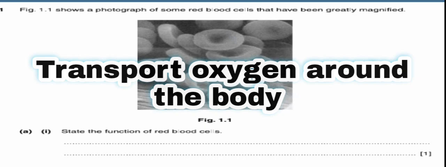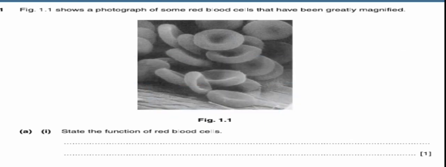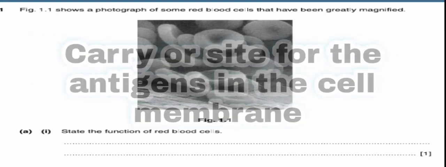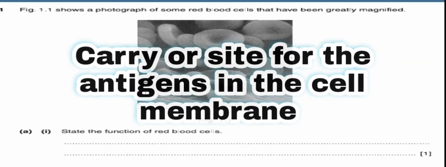Apart from that, the red blood cells have the cell membrane, and on the cell membrane is where the antigens are found. So the first one is transporting oxygen around the body. Apart from that one, to carry the antigens. So the antigens are found on the cell membrane of the red blood cells.